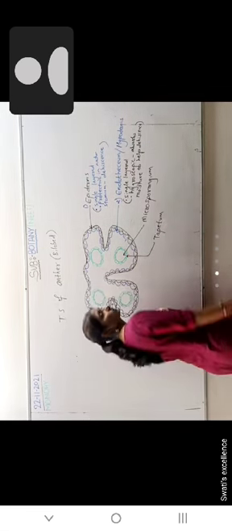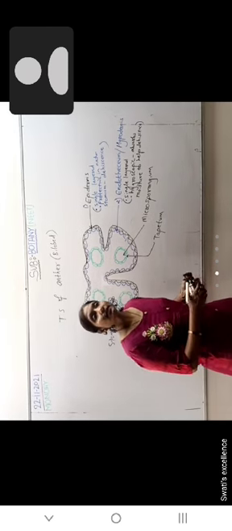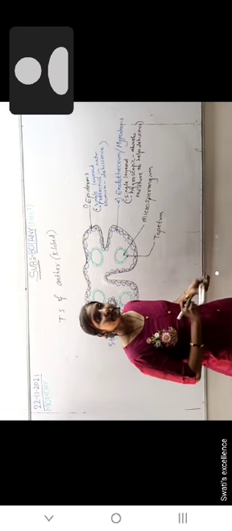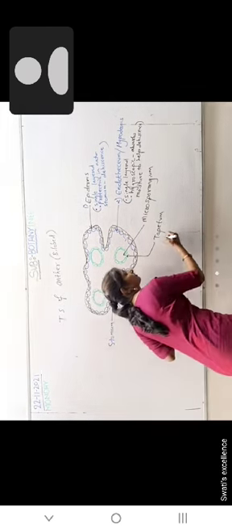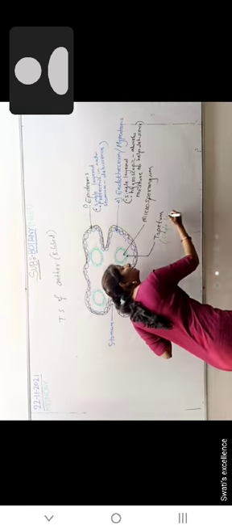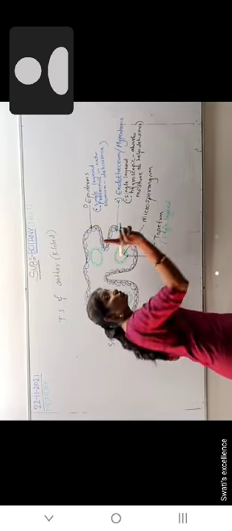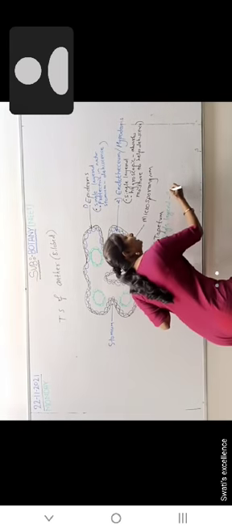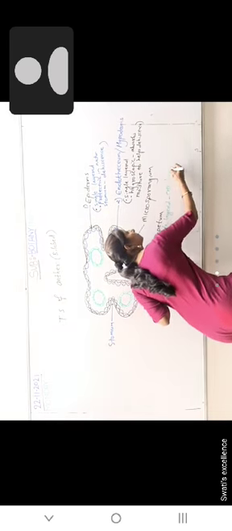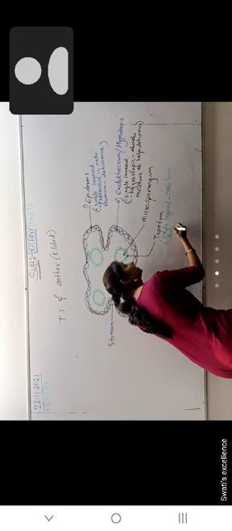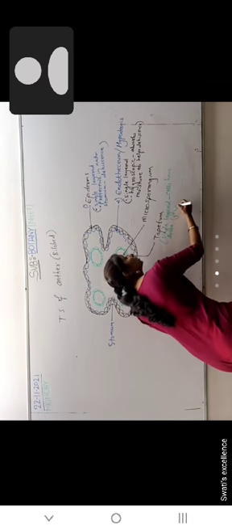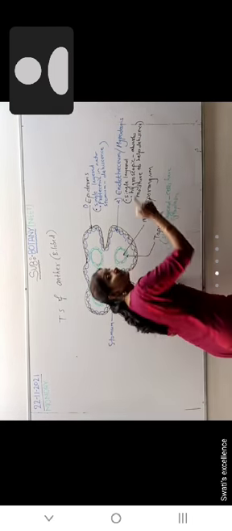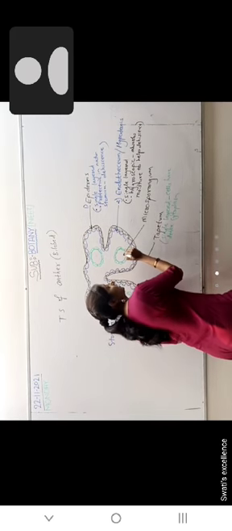Tapetum. So tapetum is again how many layers? Single layered with special cells. Why? This single layer of the cells have dense cytoplasm with more than one nuclei. एक से ज़्यादा nucleus.